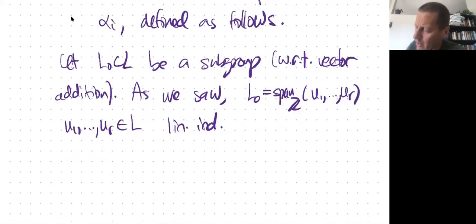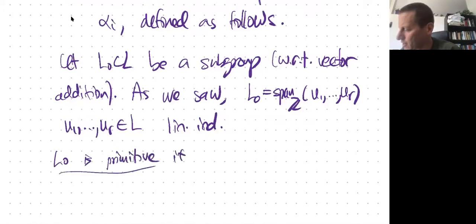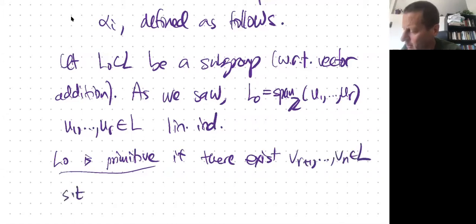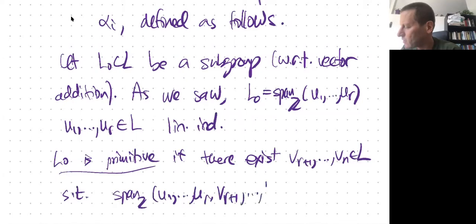And L0 is called primitive if there exist v_{r+1} up to v_n in L such that you can complete this r-tuple to a basis of L.